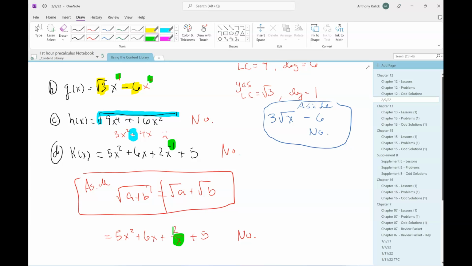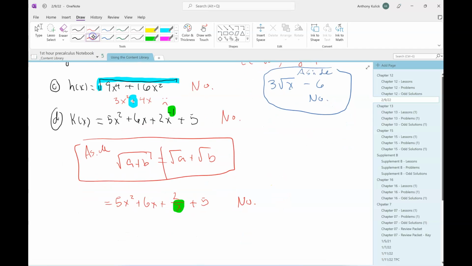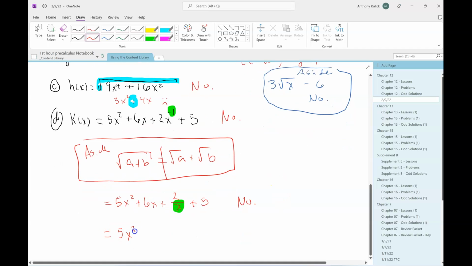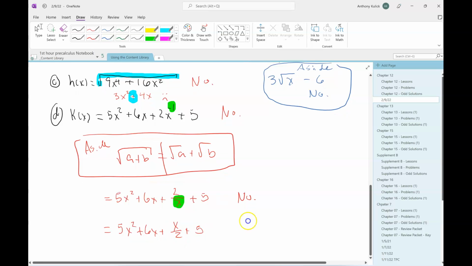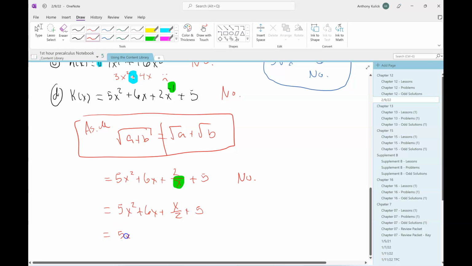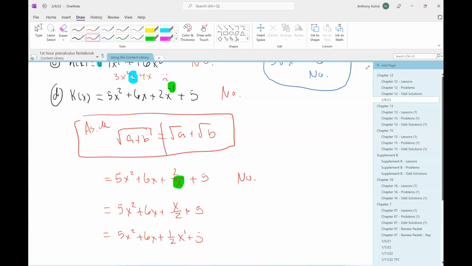You can only multiply constants and variables. You can't divide. Now, if it was x over 2, would that be okay? That is okay. Let's think about why. x over 2 is the same thing as 1/2 x to the first, right? You guys see that?